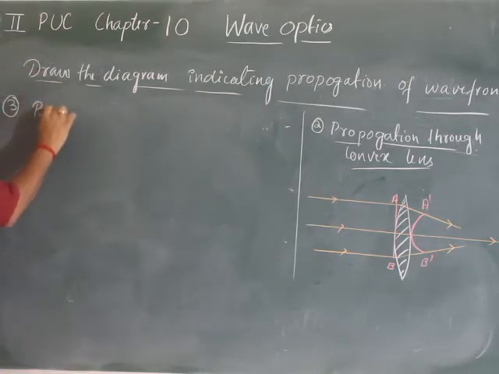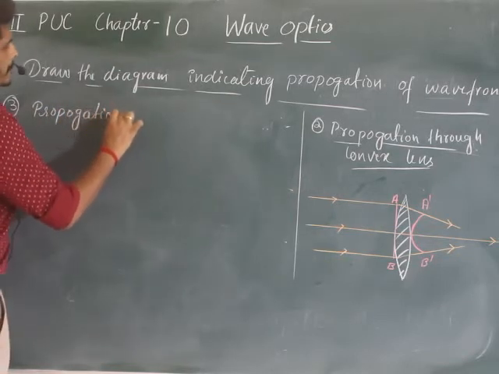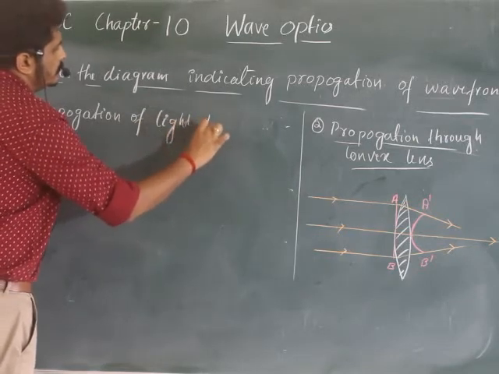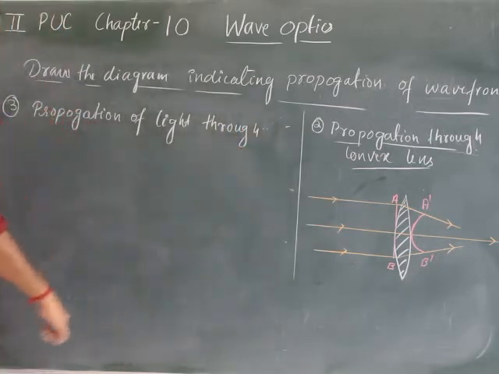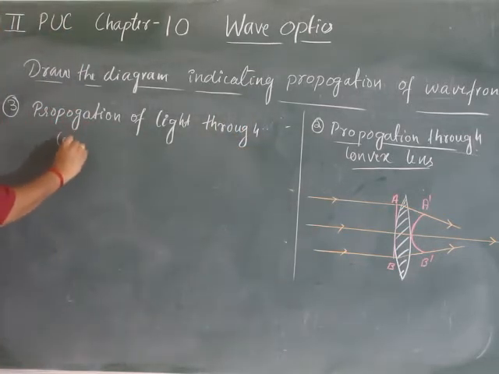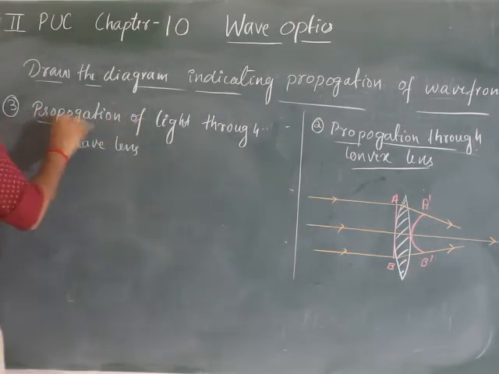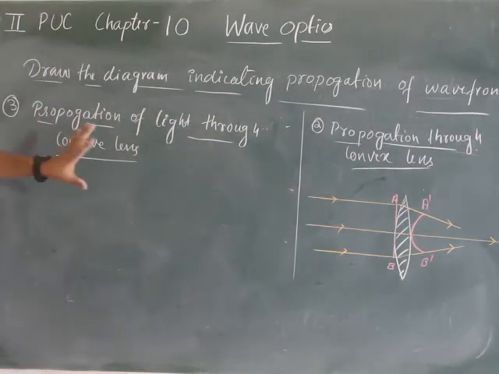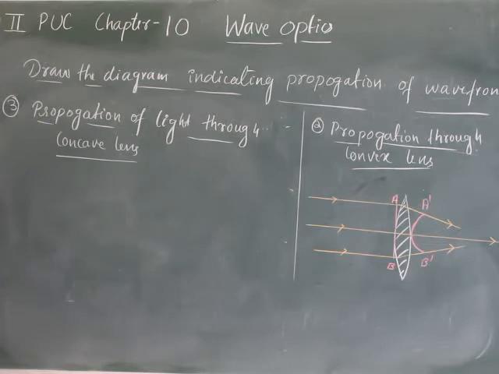So propagation of light through concave lens also, it's enough. Light means, of course, we know light itself is going here. Correct. So next I will do the lens diagram.